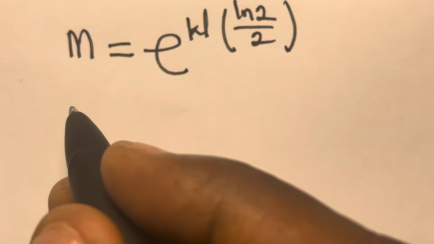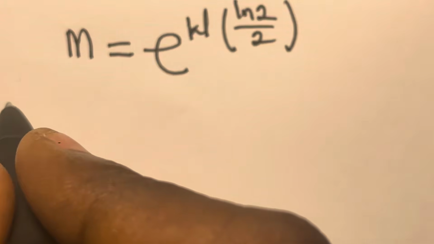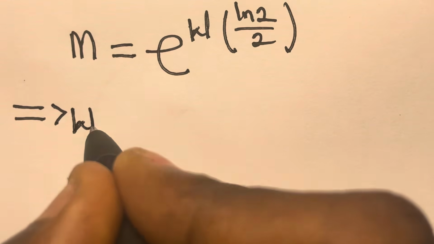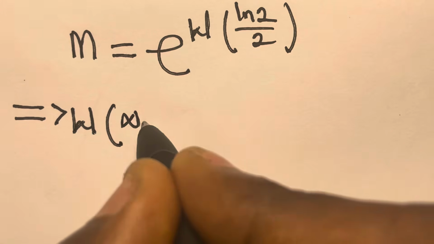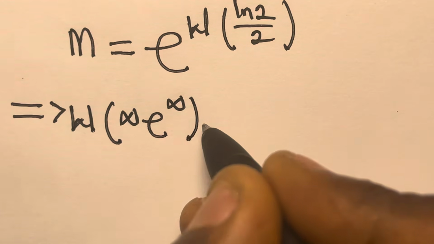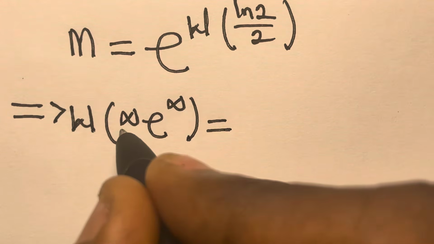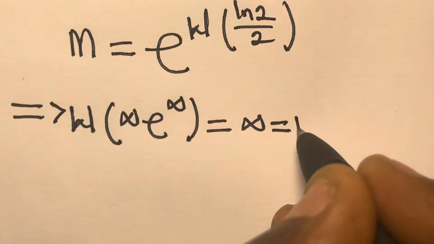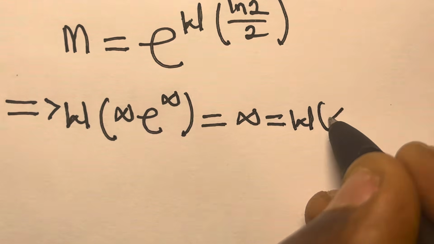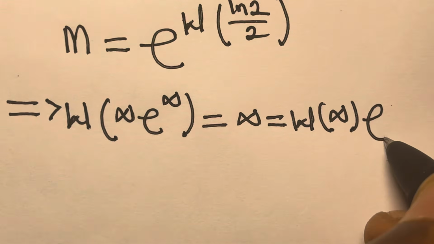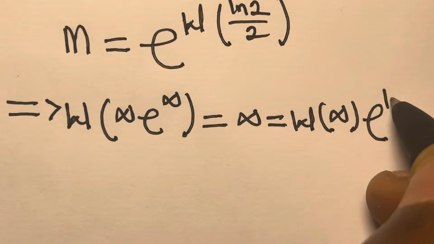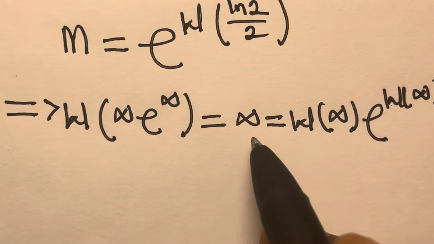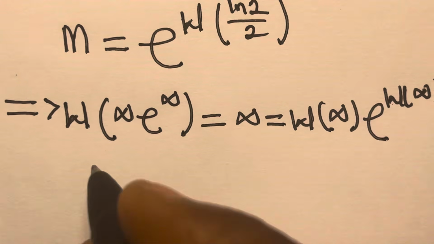Guys, we are going to do something interesting here. So here we have to recall that if you have the Lambert function of infinity e to the infinity, this will equal, like I said, base and power the same, we will have infinity. And this equals the Lambert function of infinity, times exponential of the Lambert function of infinity.